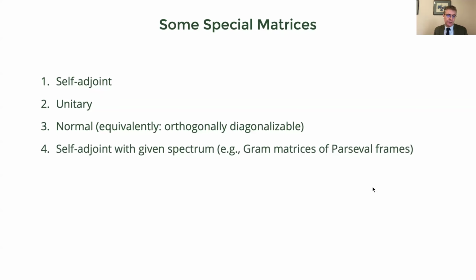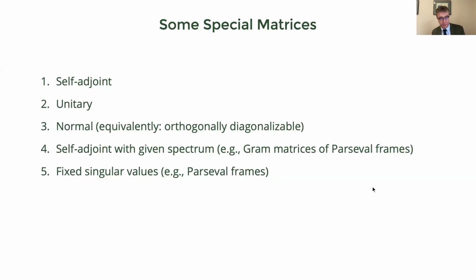Now, for example, maybe you don't just care about self-adjoint, but you care about self-adjoint with a given spectrum. For example, you care about projection matrices, or which Gram matrices of Parseval frames are projection matrices. Or maybe you are interested in matrices with fixed singular values.